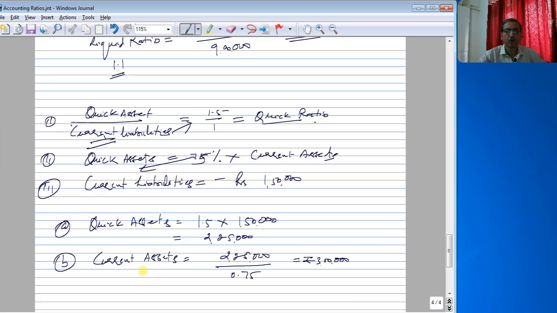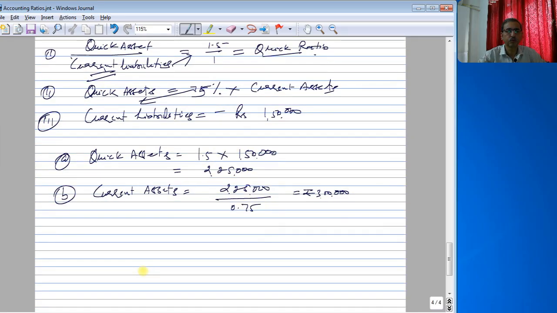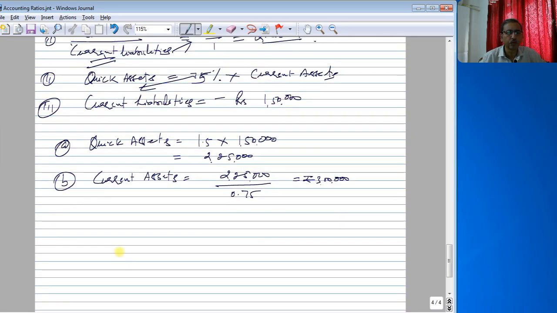Now you have all the information available. You have current liabilities, current assets, and quick assets here, so you can calculate the ratios easily.